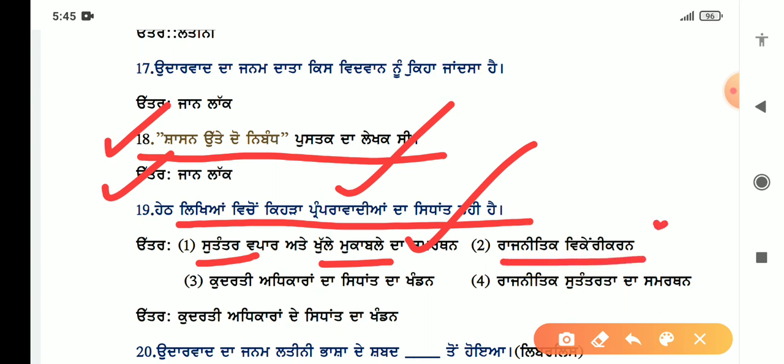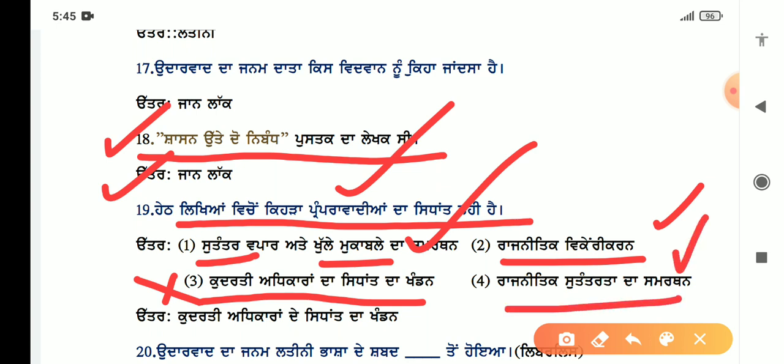Political decentralization, it is also. Criticism of natural rights, it is not. They have supported it, it is their principle. And political support to political freedom, it is also their concept, their principle. So our answer is the third one.